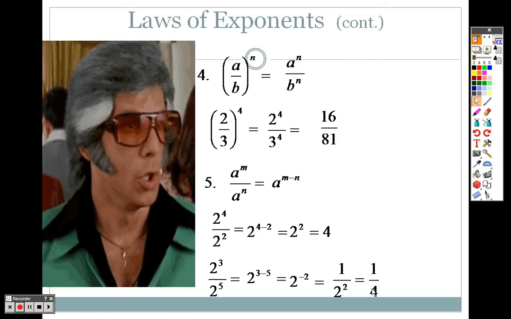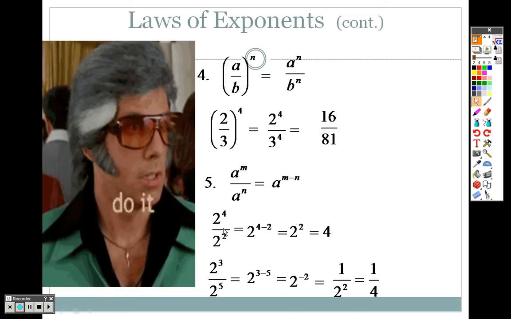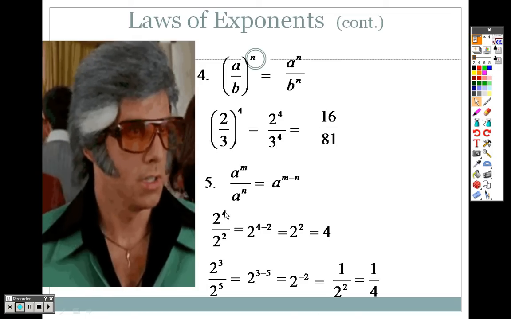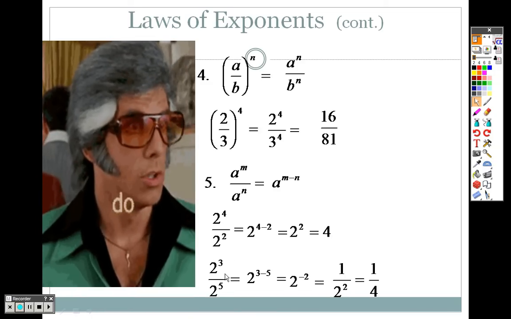Another little rule I like to tell people, whenever you have fractions, wherever the exponent is bigger is where your answer is going to go. Look up here. Which exponent is bigger? This 4, right? So notice how when we subtract, the answer went on top. This didn't move to the bottom like down here. It stayed on top. Over here in this problem, which one's bigger? The 5.